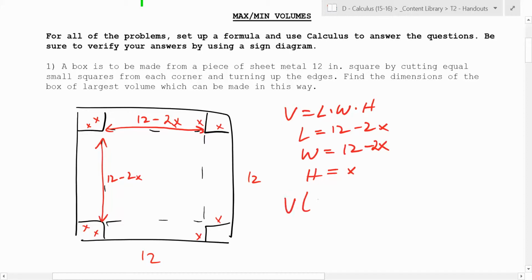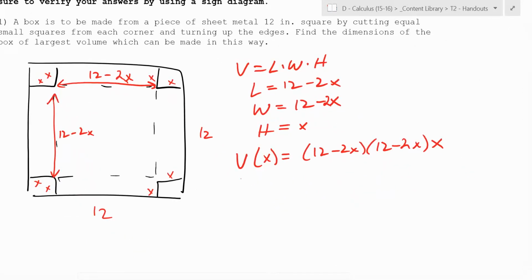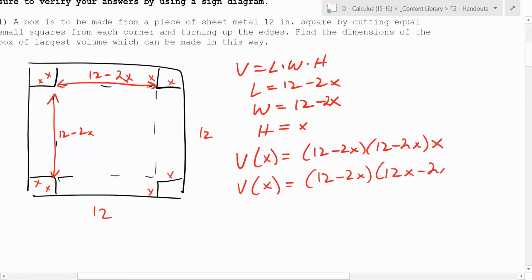So we have volume in terms of x equaling 12 minus 2x times 12 minus 2x times x. The height is x, right? Now you need to make sure you multiply this correctly before you differentiate. You end up with 12 minus 2x squared times x.